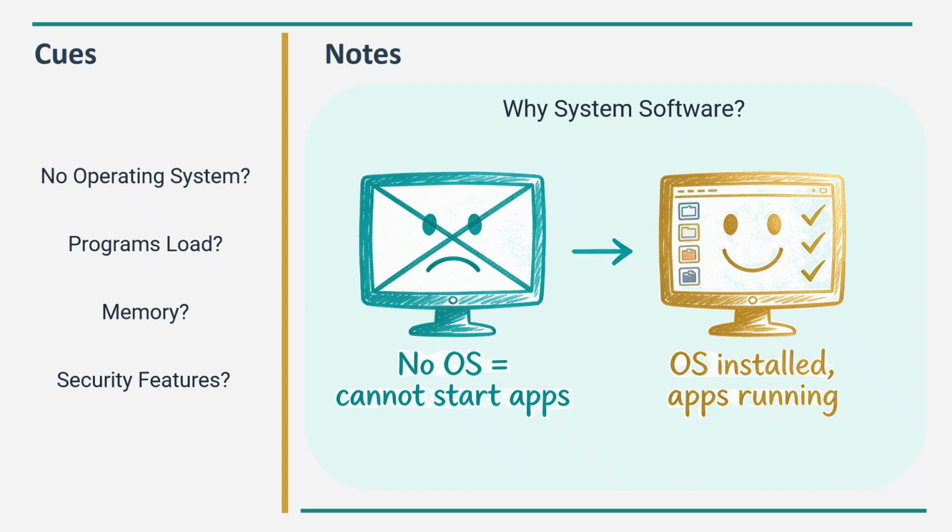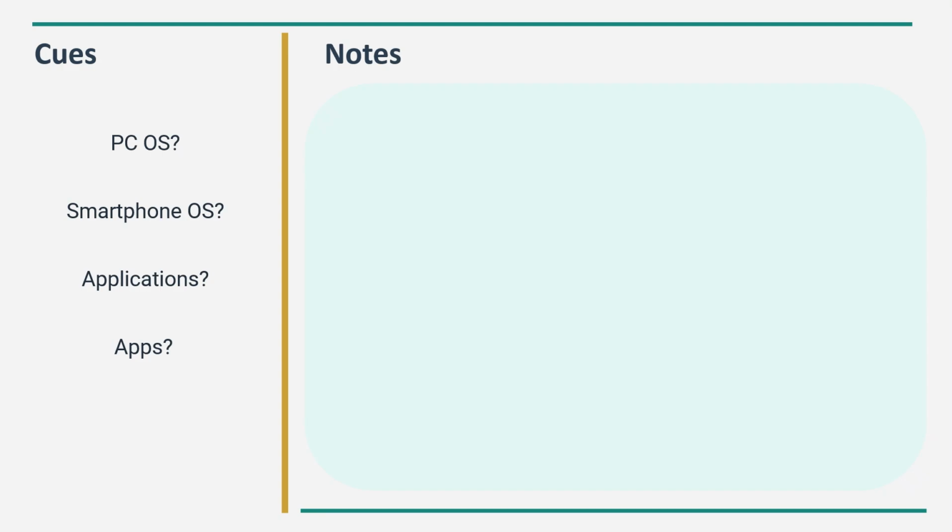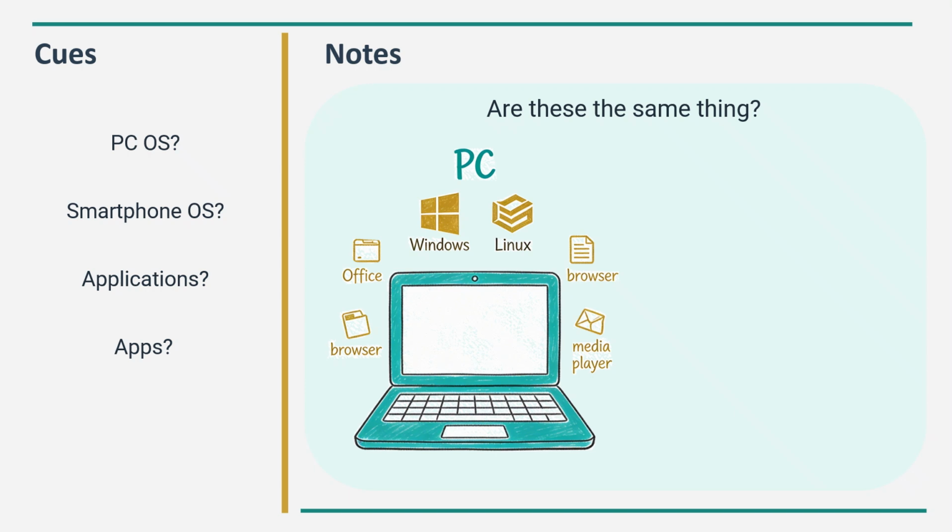We will go into the operating system in more detail in the next video. Now, the same software concepts apply on different devices. On a desktop or laptop, the operating system might be Windows, Linux, or Mac OS, and you run applications like Word, Excel, browsers, and media players.